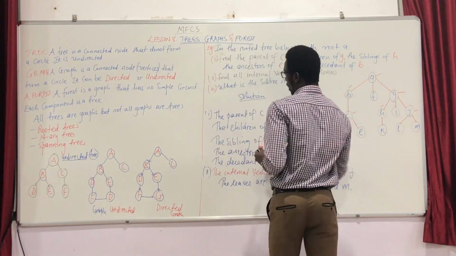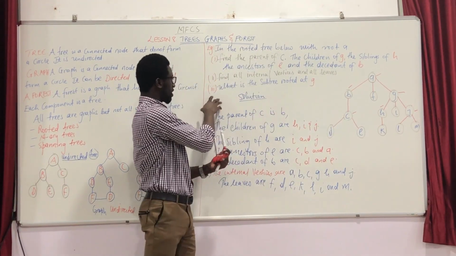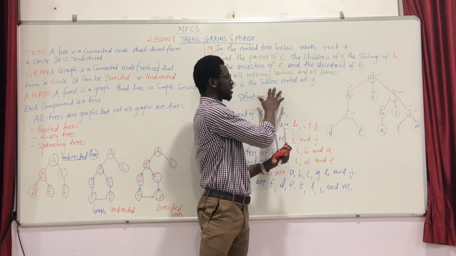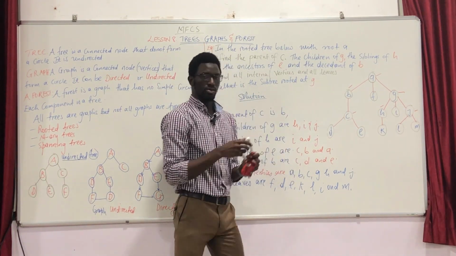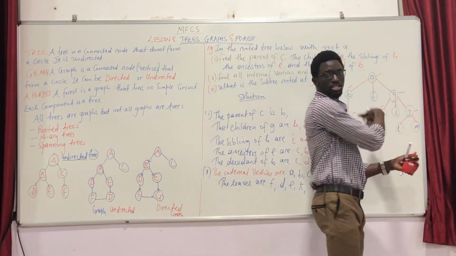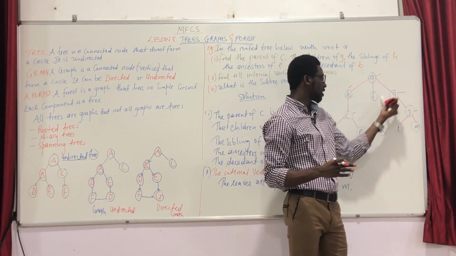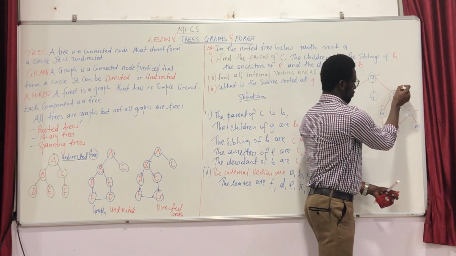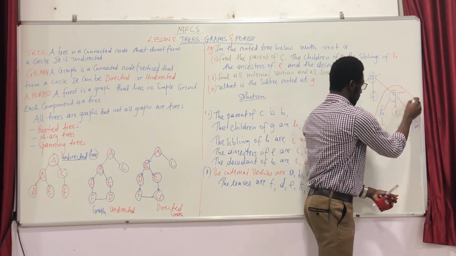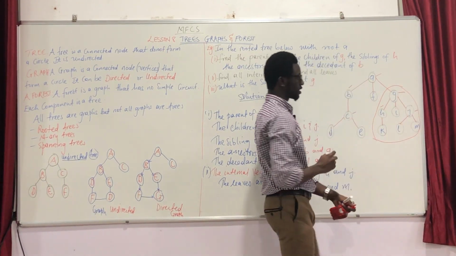So finally, the last question says, what is the subtree rooted at G? Here, the subtree rooted at G, you can see the root here is G. So the subtree at G is this. You just remove this graph and draw it separately.